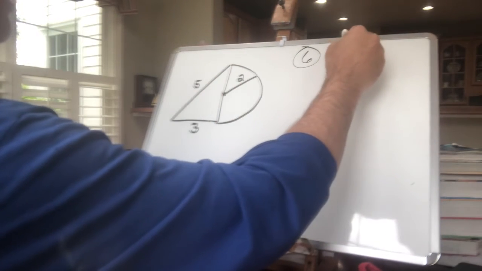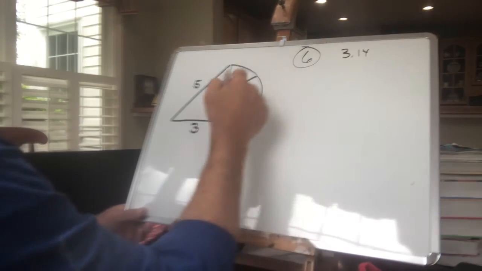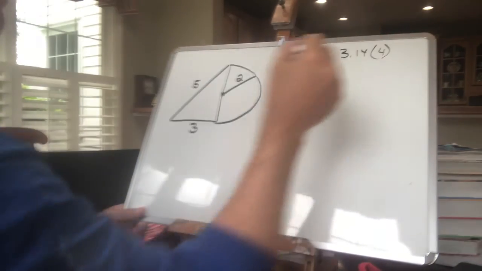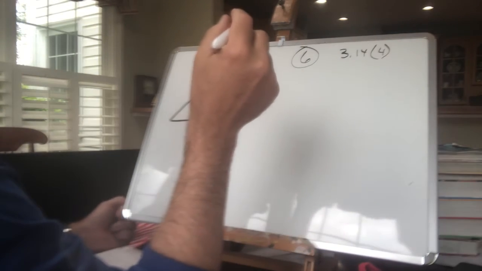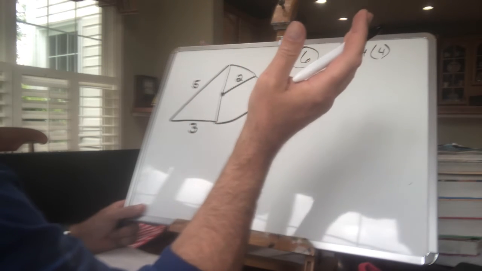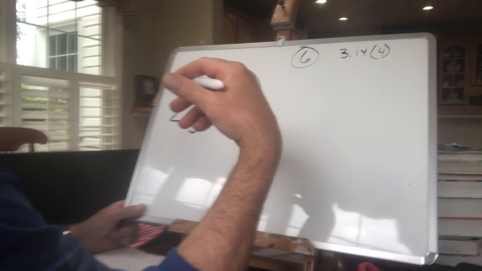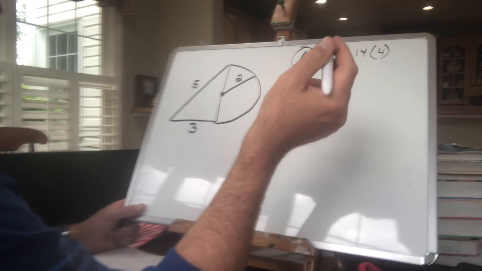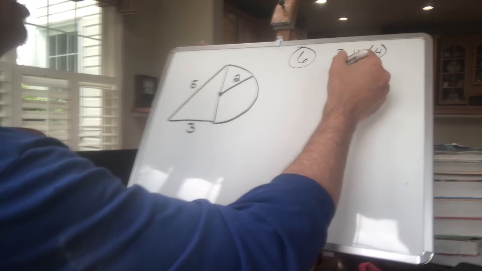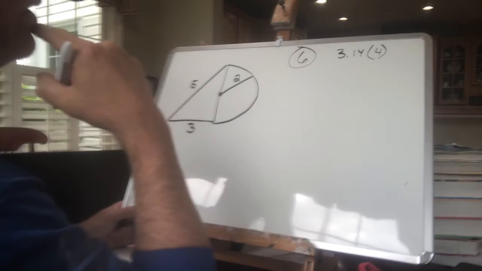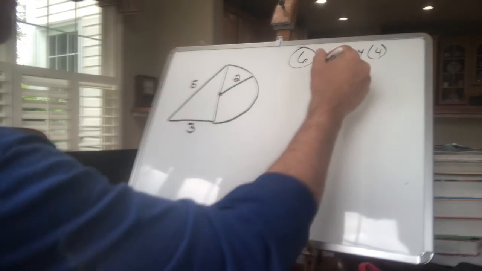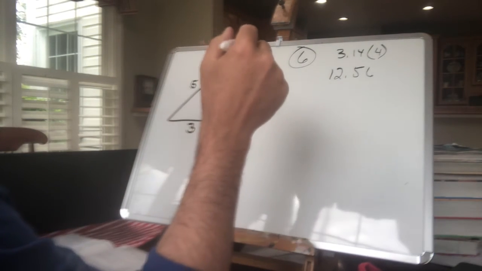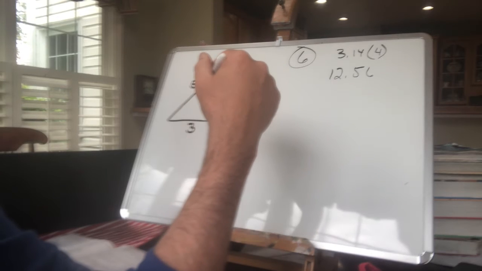So it's 3.14 times 2 squared. 2 squared is 4. 3.14 times 4 is 12 point, I don't know, 64, I think. No, 12.56, maybe? 12.56.